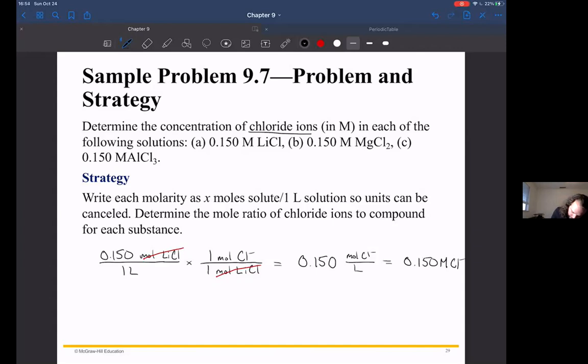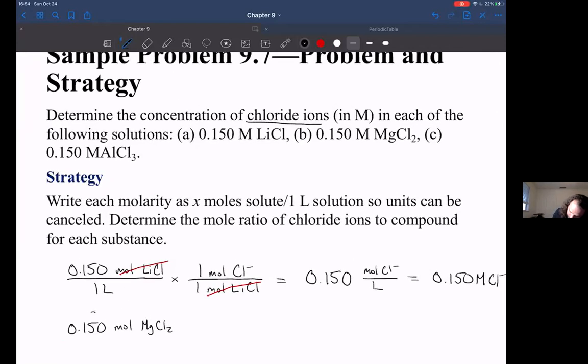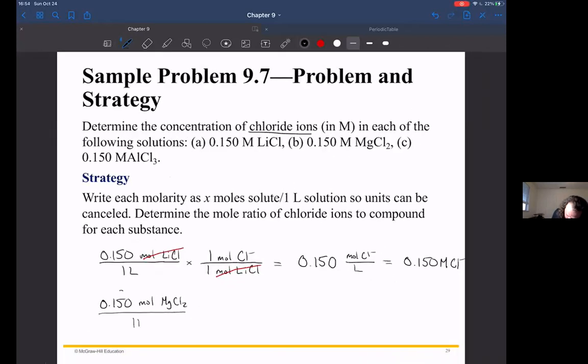All right, the next one we have 0.150 moles of magnesium chloride divided by 1 liter. And here I'm going to use the mole ratio where 1 mole of magnesium chloride contains 2 moles of chloride ions, right? Because if I take my magnesium chloride, I have this 2 here, which represents that per mole of magnesium chloride, I actually have 2 moles of chloride ions.